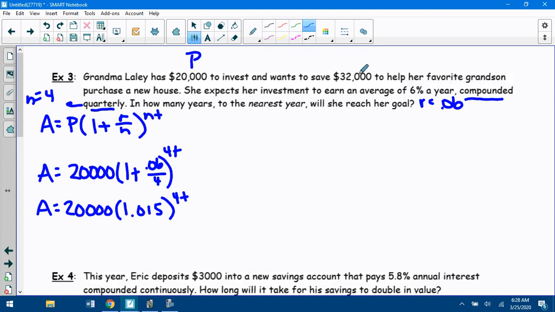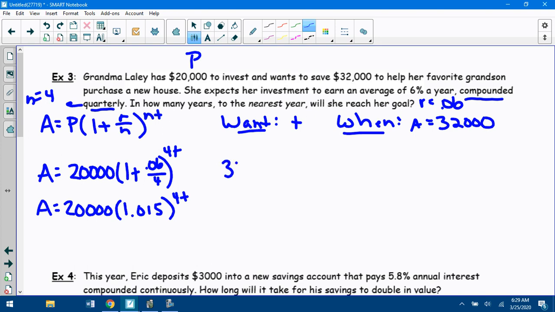So her goal is that 32,000. So if I want how many years, what variable do I want? I want time, t, and I want it when A is 32,000. So I'm just going to have 32,000 equals 20,000 times 1.015 to the 4t, and I've got to solve it.